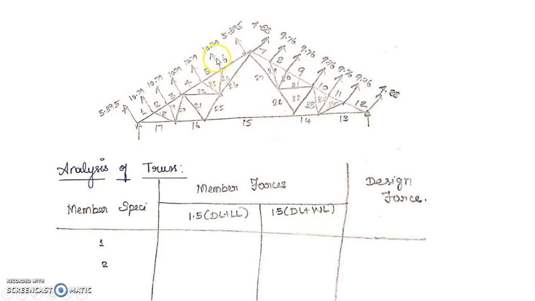Thereby, you will get one type of cross section for the total top chord, one type for the total bottom chord, one for these members, and one for the fan members. So this is all about your load calculation of the roof truss and the analysis.